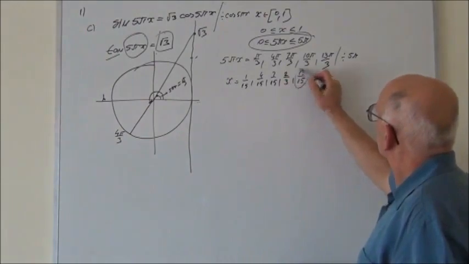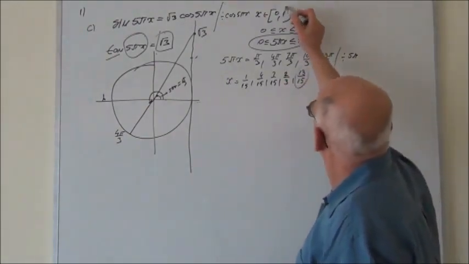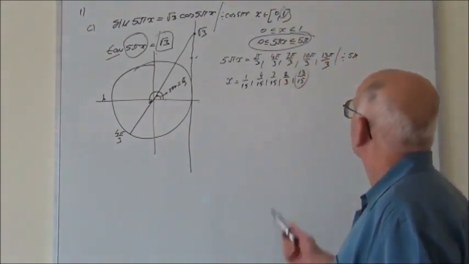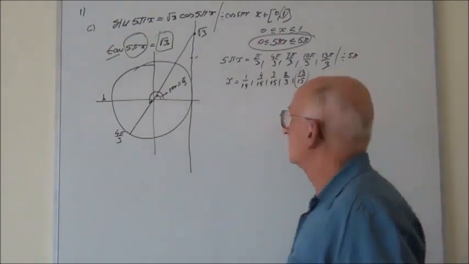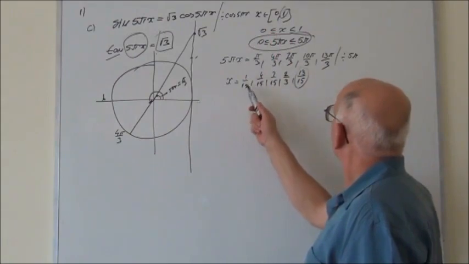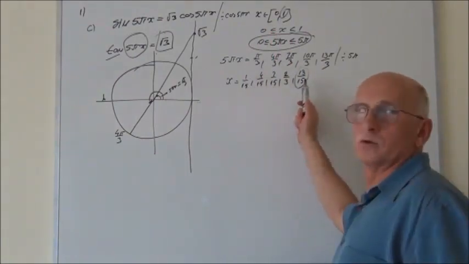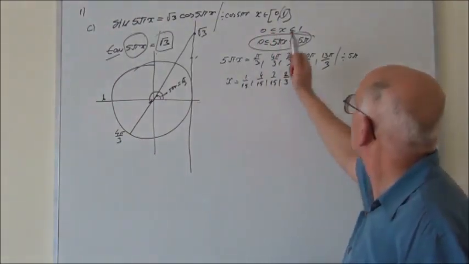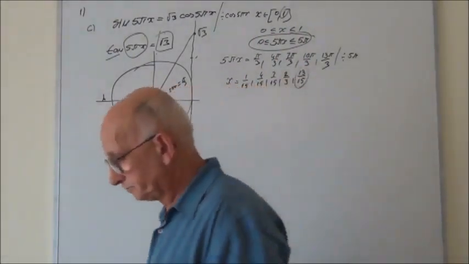So this is still less than 1, and yes, they are perfectly fine. X between 0 and 1, 1 on 15 very small, this one is almost close to 1, so everything is perfectly fine.